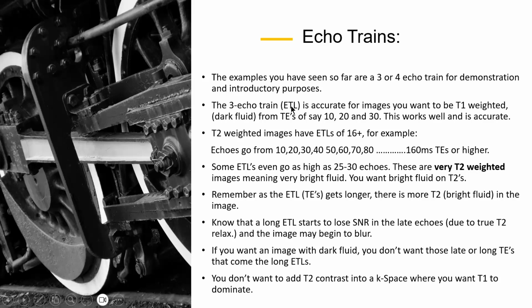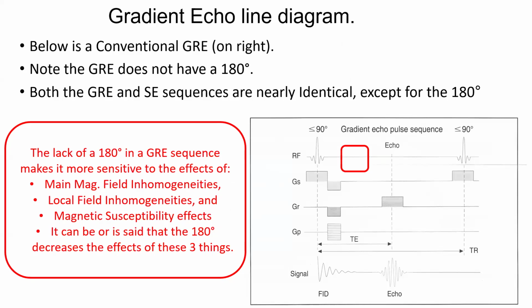You don't want T2 contrast in your T1 weighted K-space. So short echo train, T1. Long echo trains are used for T2. And again, the longer the echo train, the lower the signal to noise, and the more T2, the brighter fluid is going to get.